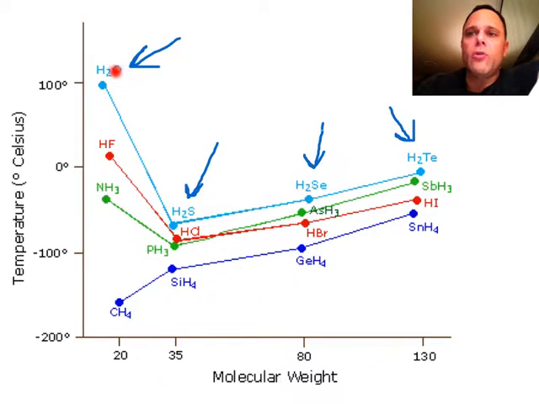And, well, as we go from oxygen bonded with hydrogen to sulfur to selenium, the molecular weight is growing larger. And we do see a nice trend going from here to here. But why do we have a break right here? Why is it so different?